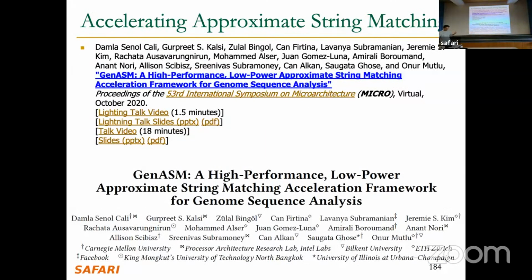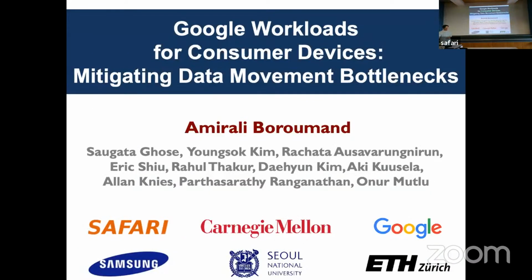GenASM is also about approximate string matching, but this one, even though it could also be used for filtering, is used for the sequence alignment process. There are different algorithms to do sequence alignment. You might have heard of Needleman-Wunsch or Smith-Waterman, which are very popular algorithms that use dynamic programming techniques.